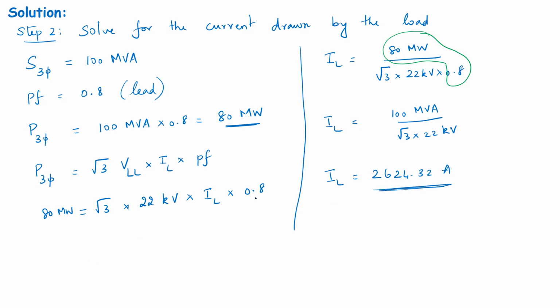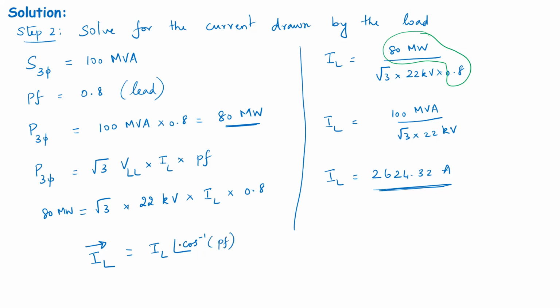We know that the current will be a complex number. What I mean by that is it's a phasor which has magnitude and an angle. So the current phasor is IL at an angle of cos inverse of the power factor value.